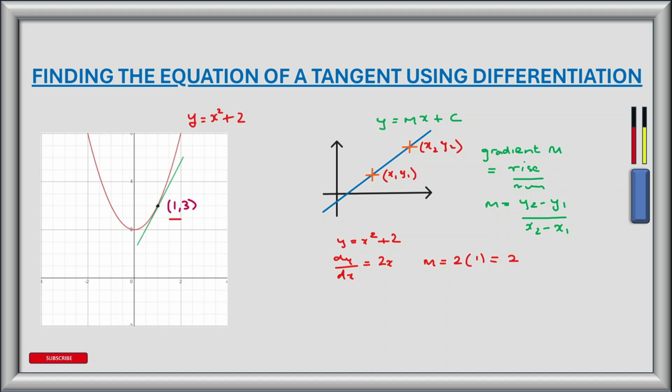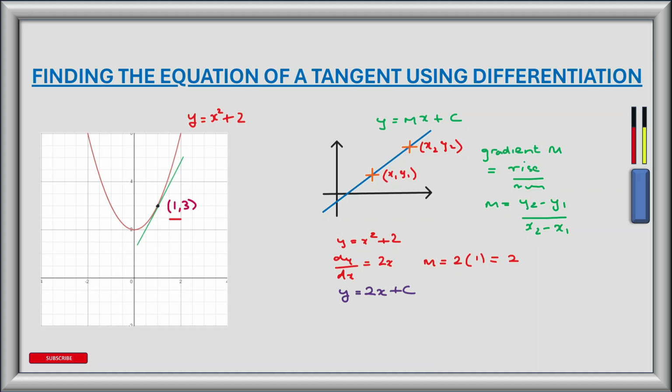Now we have the gradient of the line. We can plug this information into our equation y is equal to mx plus c. So y is equal to m, which is the gradient, which we know is 2, multiplied by x plus a constant c. We also know an x and y coordinate of this line as it touches the curve y is equal to x squared plus 2 at the point 1, 3.